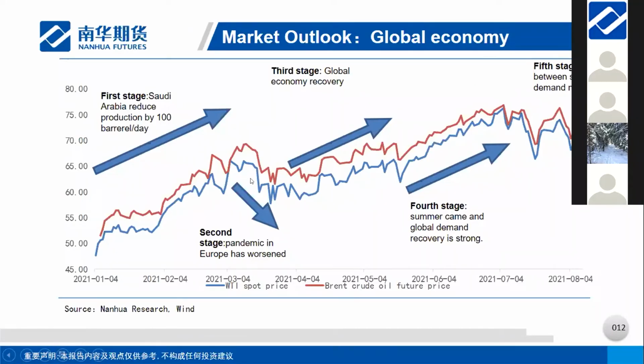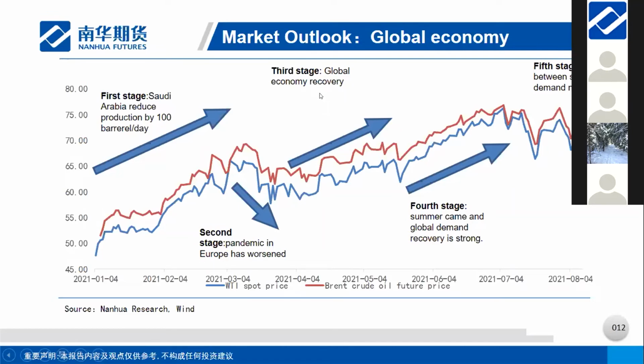As we can see here, the WTI crude oil price decreased from about $65 per barrel to about $58 per barrel, and Brent decreased from $68 to $60 per barrel. The third stage is from April to May.